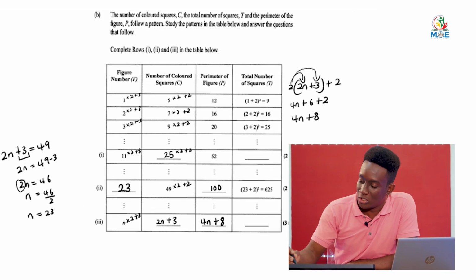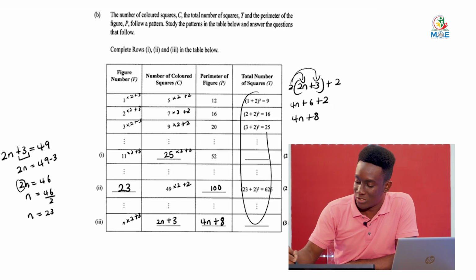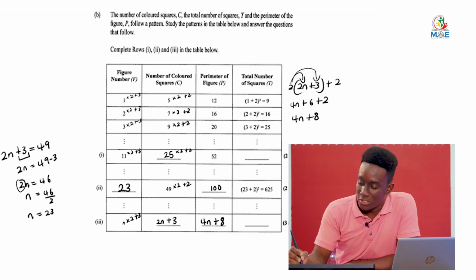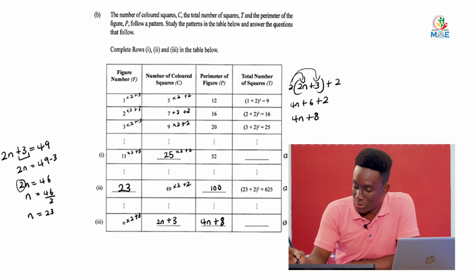So now let's move on to the number of squares, which is this one, which I find to be very easy. So for figure 1, we have 1 plus 2, and then we square it, and we have the answer. For figure 2, we have 2 plus 2, and then we square it. And for figure 3, we have 3 plus 2, and then we square it.